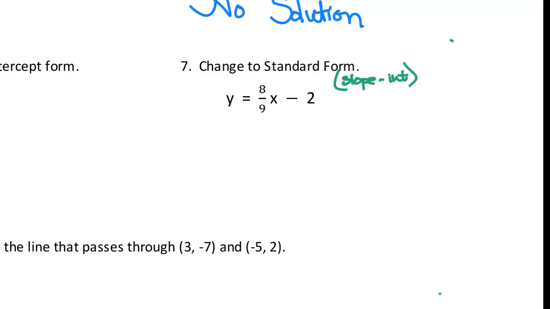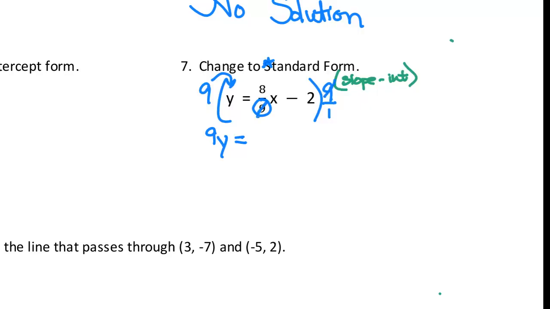Multiply everything by what? Whatever is in that denominator right here, you want to take that and multiply that number on both sides to every term in that equation. So I'll start on the left. 9 times y is 9y equals this 9 and this 9 in this first term on the right.